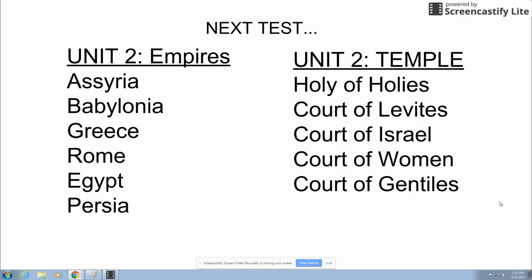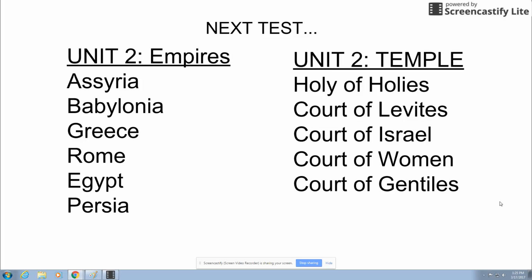Empires. Flip 13 has an elaborate timeline. I'm going to give you a rough version of that timeline on the test. You're not just filling in where the empires go, but I'll have the timeline. I'll have some different dates on it as well, or at least stars where important dates are. You need to know why each of these empires was important in the history of ancient Israel.